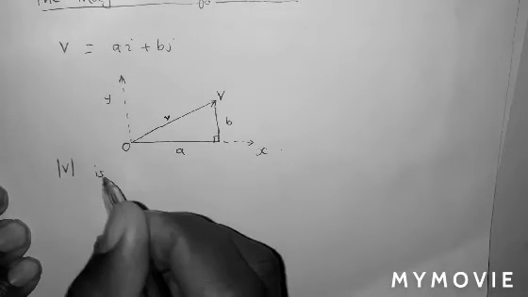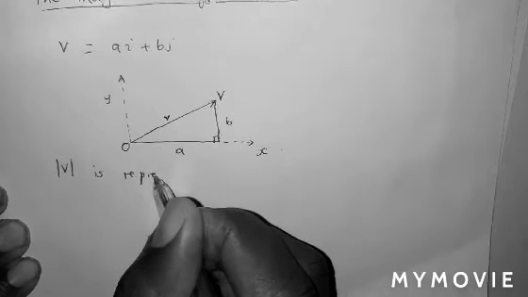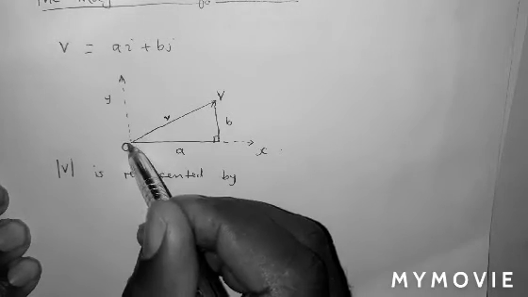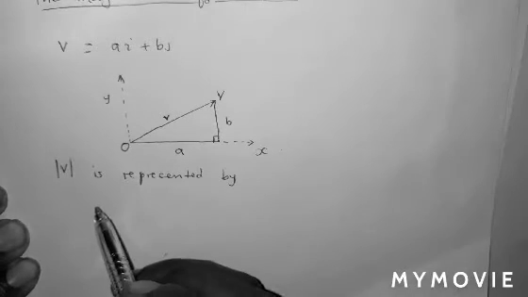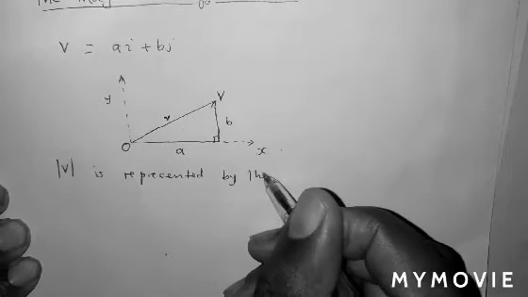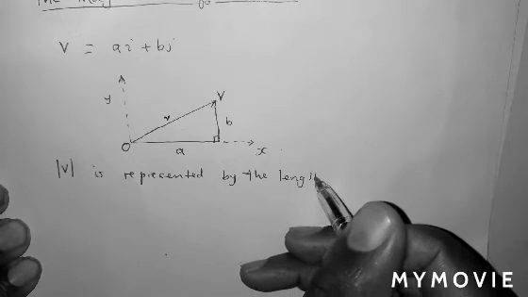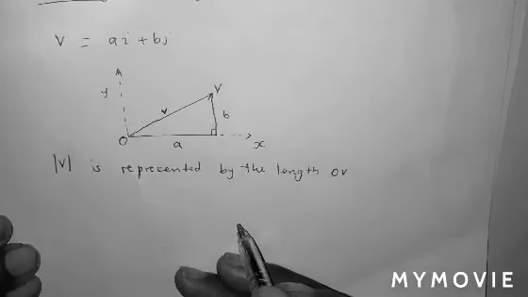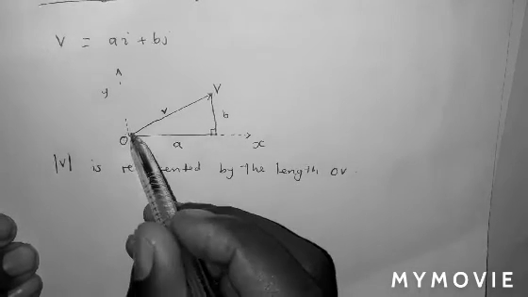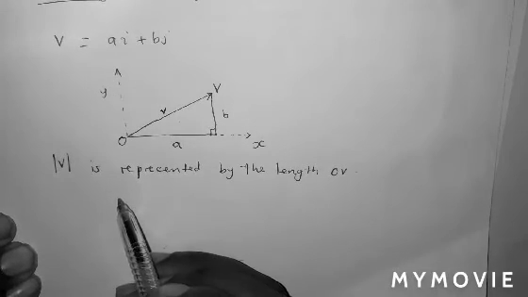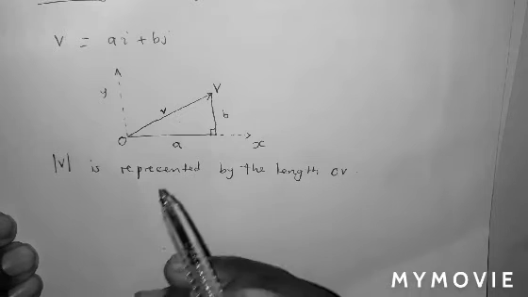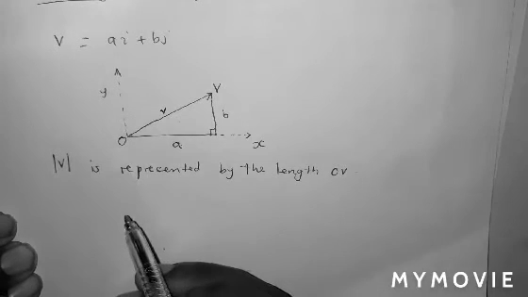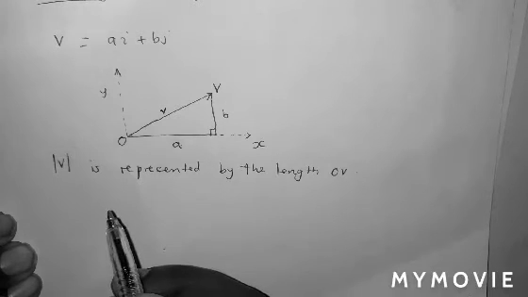is represented by the length of v. Now, how would we determine the length of v given a and b? We can use Pythagoras theorem.